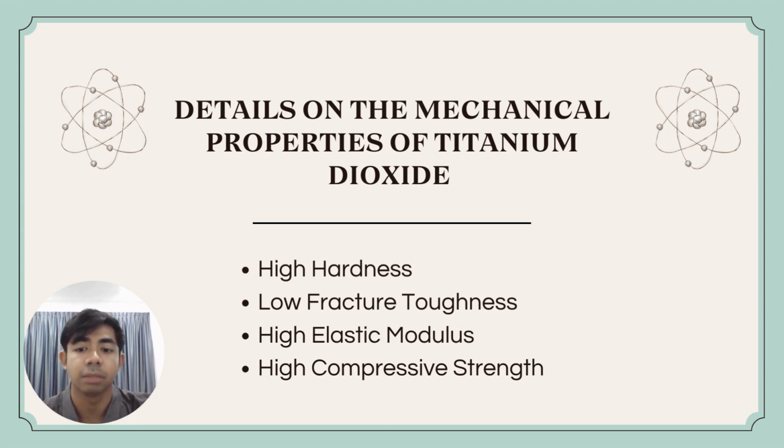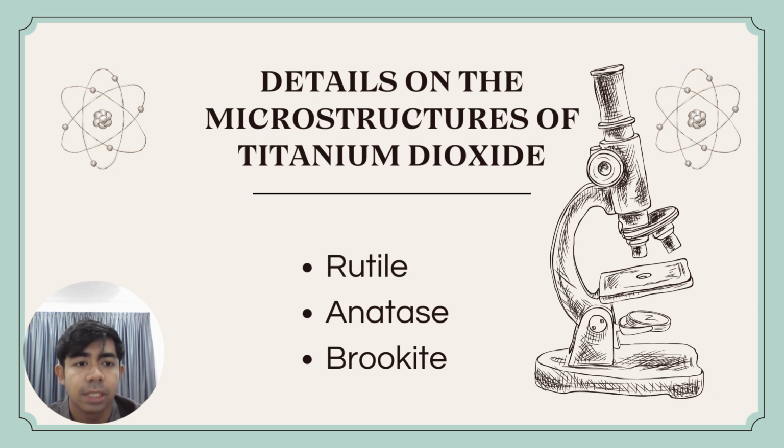Titanium dioxide exhibits high compressive strength, which is beneficial for its use in structural components and coatings. The compressive strength of rutile titanium dioxide can exceed 1 gigapascal, indicating its ability to withstand significant loads without deformation. The next one is details on the microstructure of titanium dioxide.